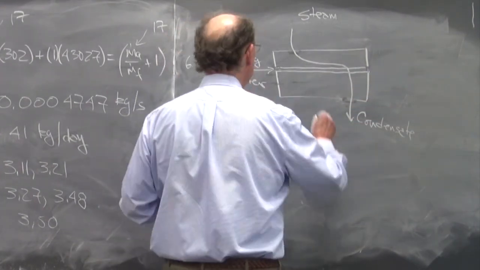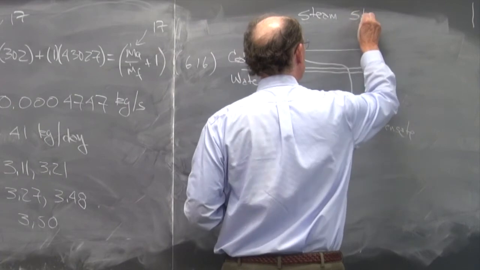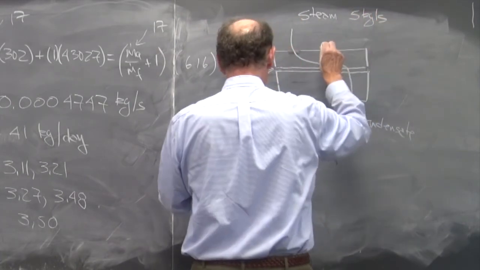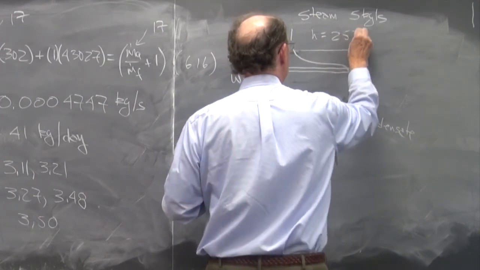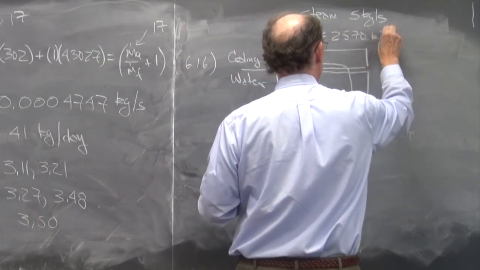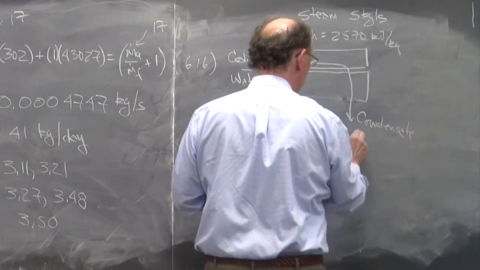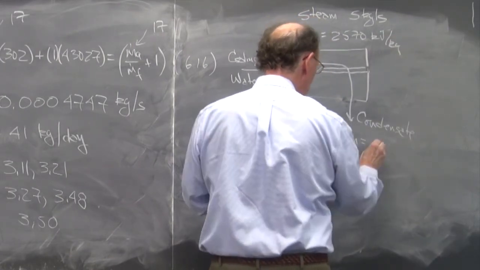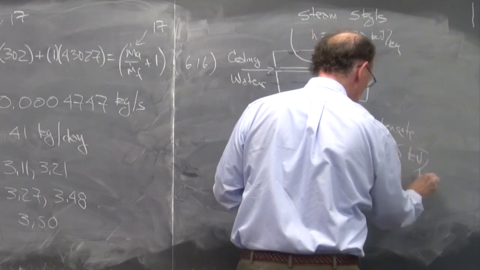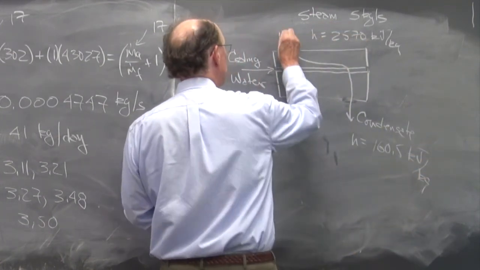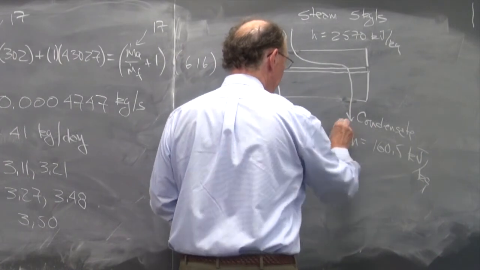So if I have steam, and here I'll have 5 kilograms per second, it will have an enthalpy of 2570 kilojoules per kilogram. And it'll exit with an enthalpy of 160.5 kilojoules per kilogram. I'll call this state 1 and state 2.